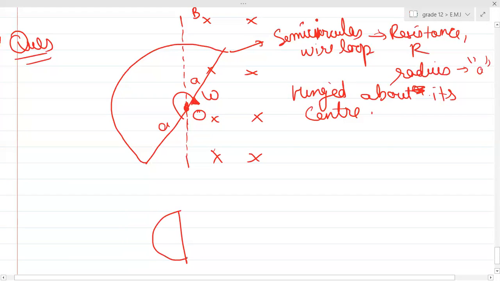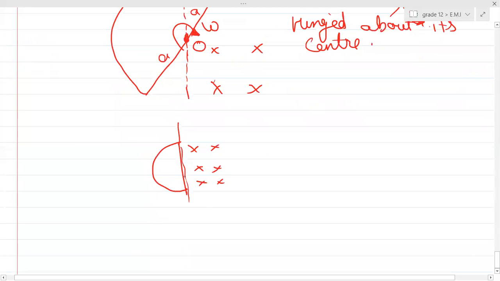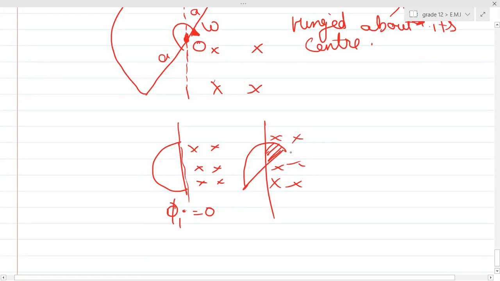So when the loop is like this, was there any magnetic flux in this case? First case? Zero, right? But when it starts entering, this much area is now inside the magnetic field and it is increasing, right? So here the flux increases.